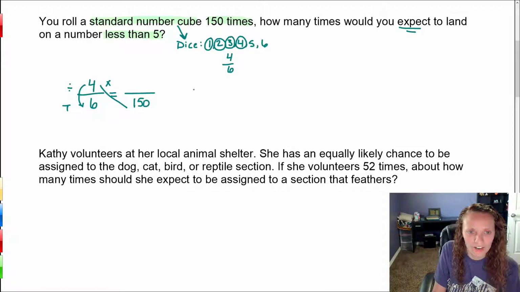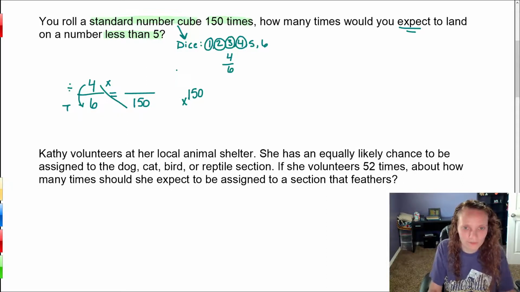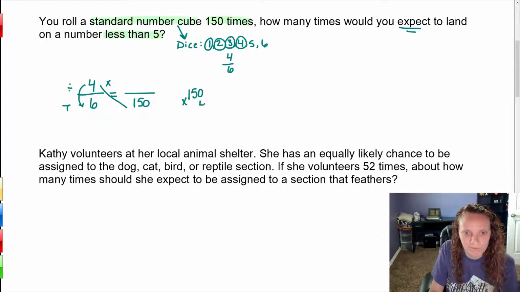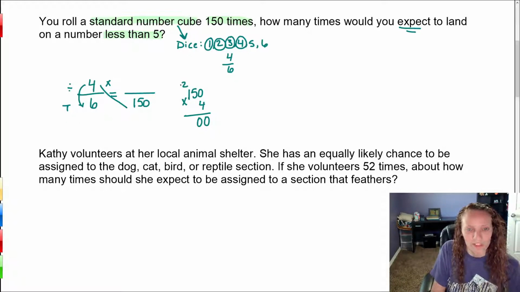So let's try it out. 150 times 4. 4 times 0 is 0. 4 times 5 is 20. 4 times 1 is 4, plus 2 is 6. Okay, and then we're going to now take this answer and divide it by 6.